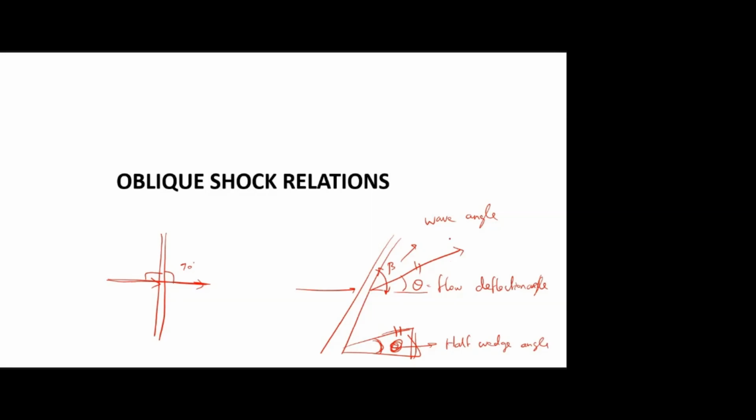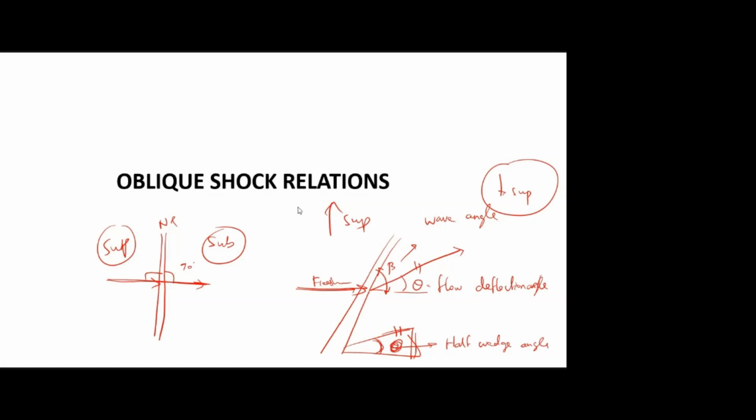And beta is the wave angle. Both theta and beta are measured with respect to the free stream upstream flow. A normal shock converts supersonic to subsonic, and an oblique shock converts high supersonic to low supersonic. So you remember these things, right?